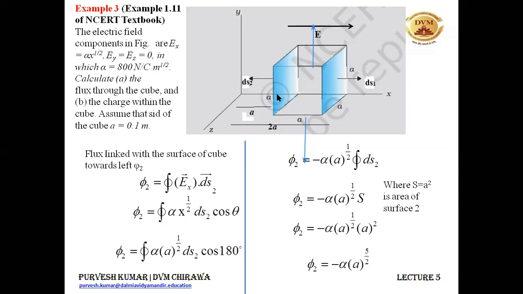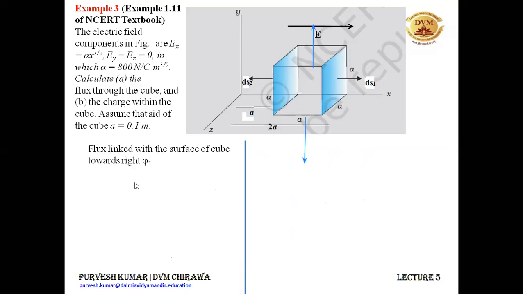Now let's try to find out the flux that is linked with surface 1, where the small area vector is ds1. Try to find it out. The total flux linked through the surface of the cube towards the right is phi 1. This phi 1 is what? Ex dot ds1. Whatever be the value of the electric field, take a dot product with the area vector ds1.